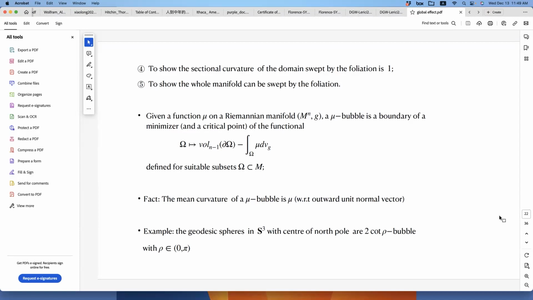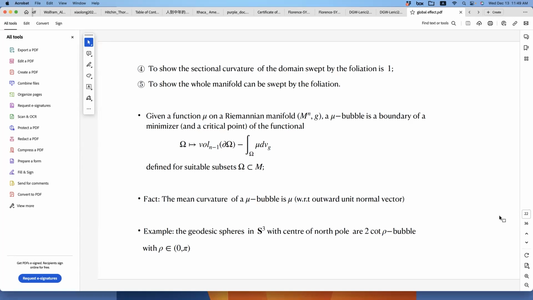Now, the basic fact about mu bubbles is that the mean curvature of a mu bubble is mu, with respect to the outward unit normal vector. Here is an example of mu bubbles on standard spheres. All geodesic spheres in S3 with center at the north pole are mu bubbles with mu equal to 2 times cotangent rho. Here rho is the distance to the north pole.